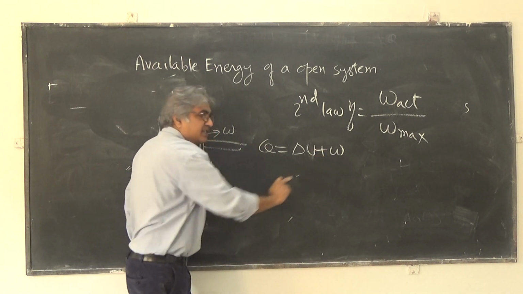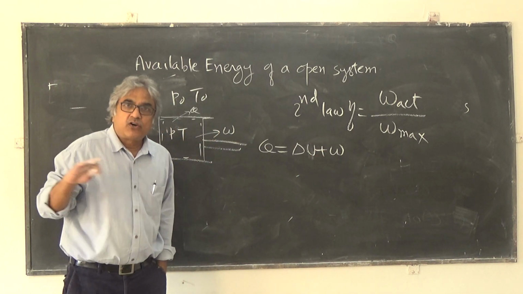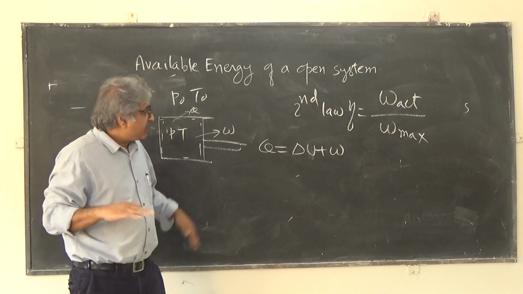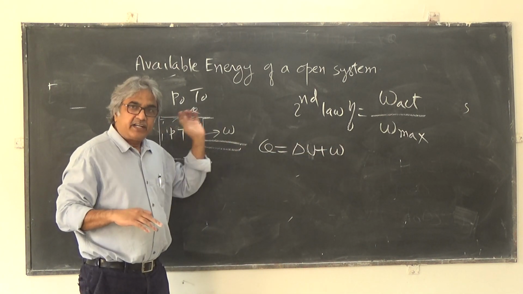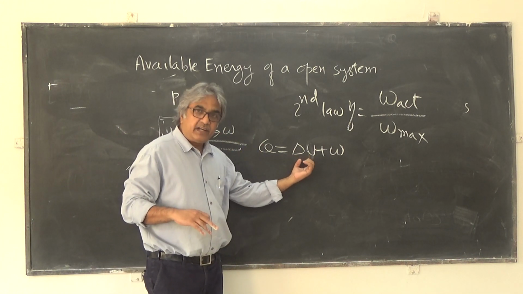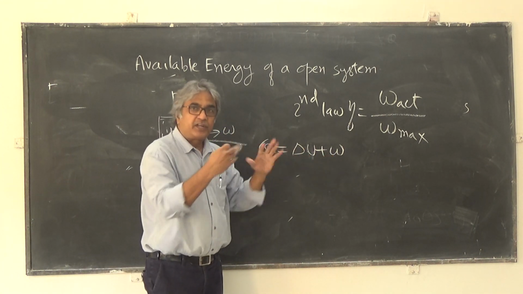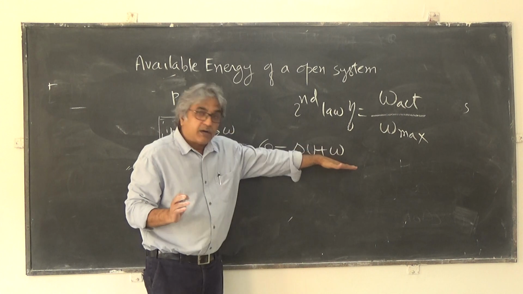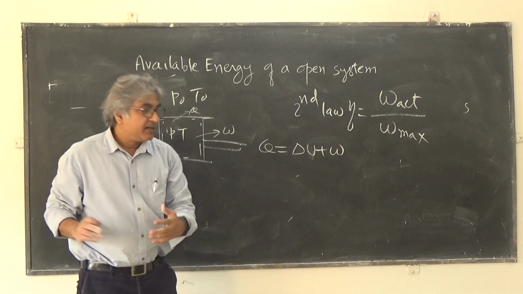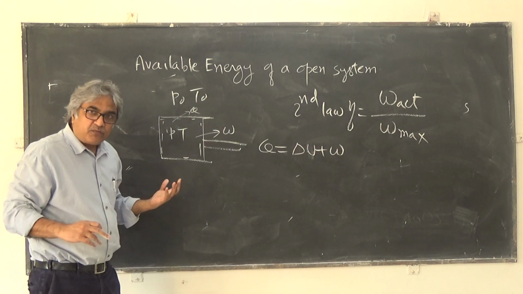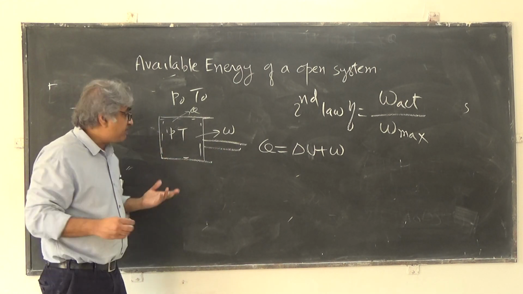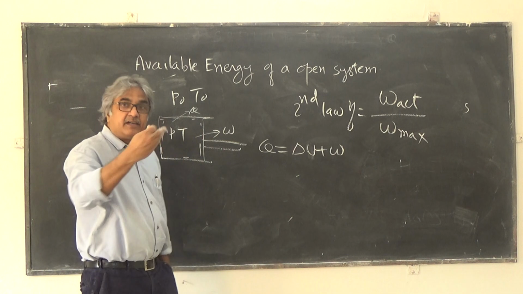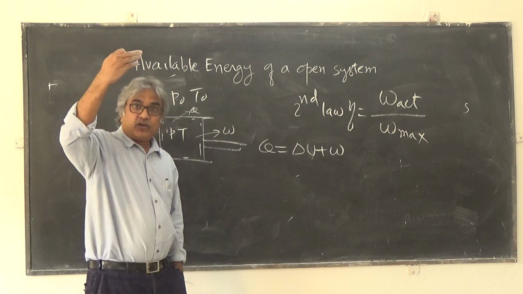So here you are using the first law of thermodynamics. Essentially, you are balancing the energies. Whatever heat is supplied or rejected is equal to the change in internal energy plus work, output or input, whatever. So this W is your actual work. But suppose you now imagine, like we find out available energy, that this heat will be run through a Carnot engine. We'll get that work also.